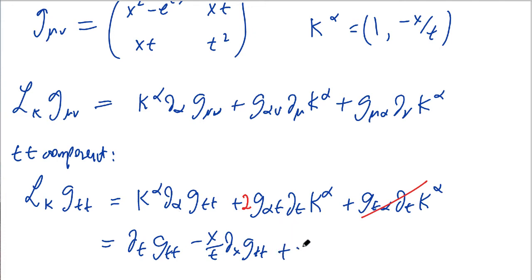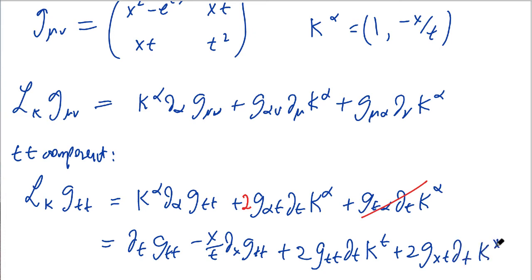And now we have plus 2 times, well, one of the terms in the sum over alpha is g_tt partial t k^t, and the other term is g_xt partial t k^x. All right, now k^t is just 1, so the derivative of 1 is 0, so that term goes away.